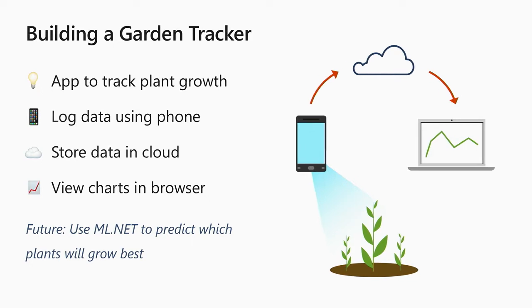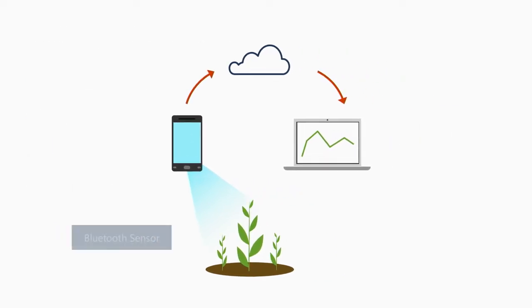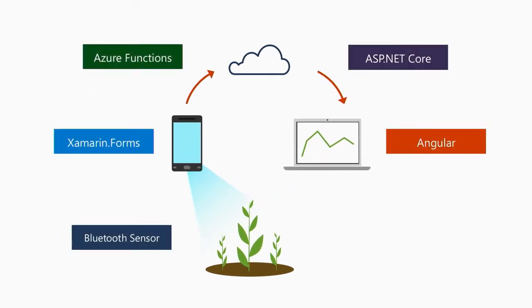And despite all of the many pieces, we're going to try and get through this in half an hour, 40 minutes. So we might pull out a few pre-built functions and stuff, but we will be going through the process of building the whole app. So we're going to be reading the data from a Bluetooth sensor using the Xamarin Android native APIs.